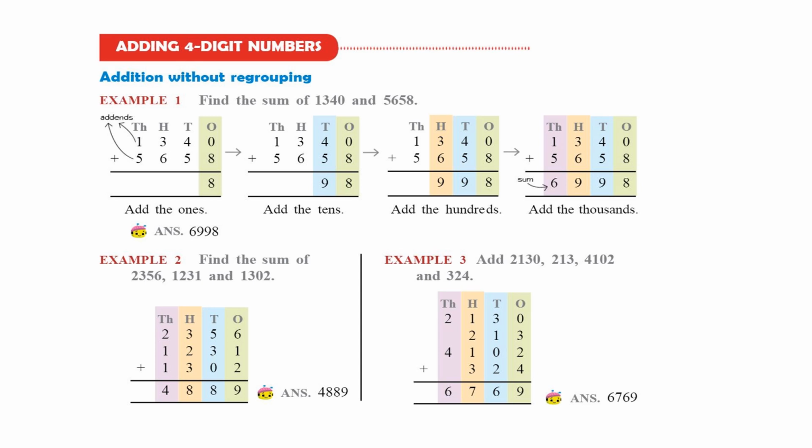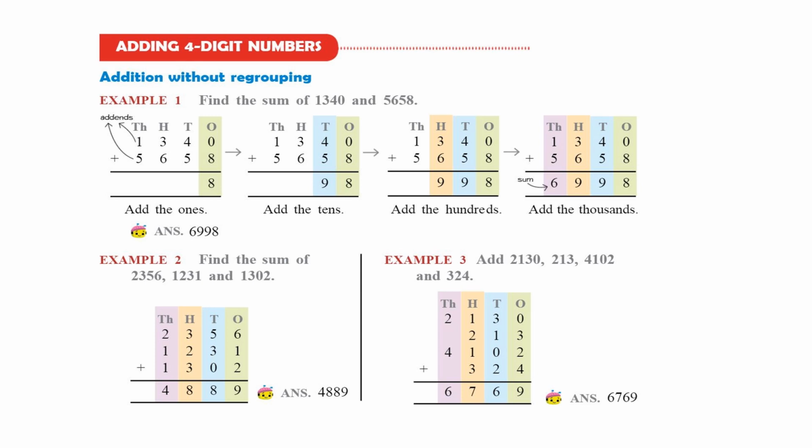Now we are going to add the numbers. So write the numbers down. Write the place values on the top first and write the numbers accordingly. Write ones in ones place, tens in tens place, hundreds in hundreds place and thousands in thousands place properly. Then start adding from ones.